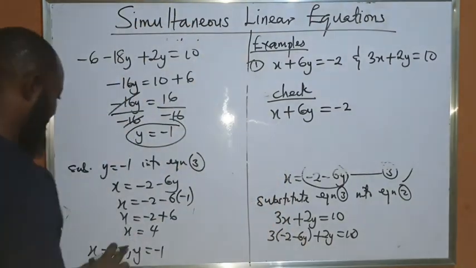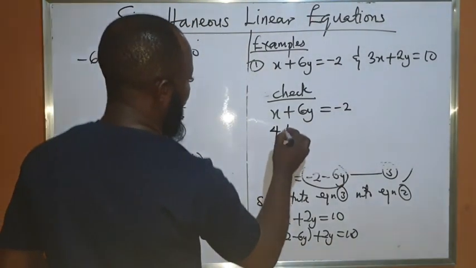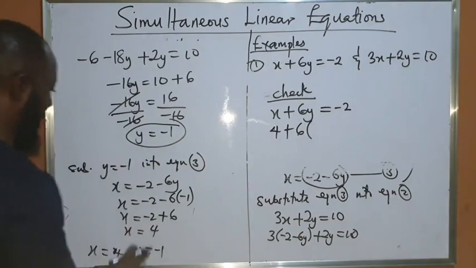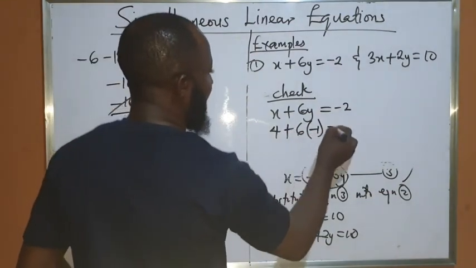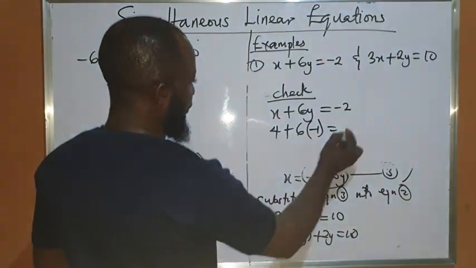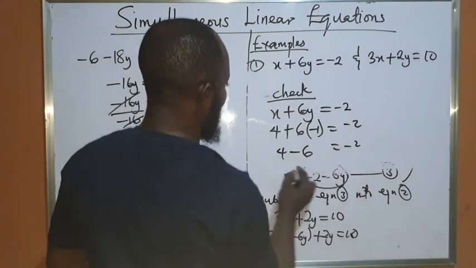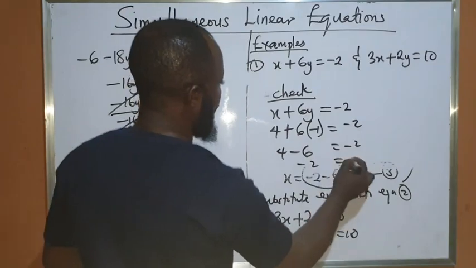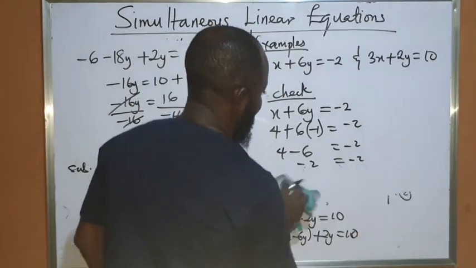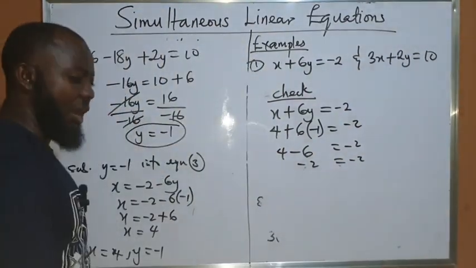The value of x is 4, plus 6 times the value of y, which is minus 1. So 4 minus 6 equals minus 2, and minus 2 equals minus 2. That means our answer is very correct. I hope this is very clear.